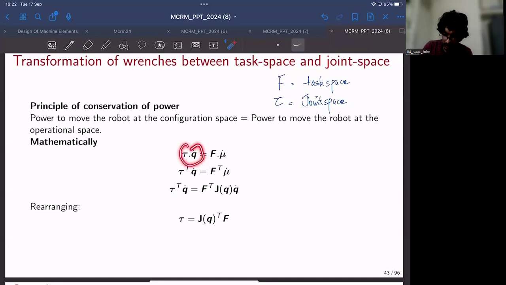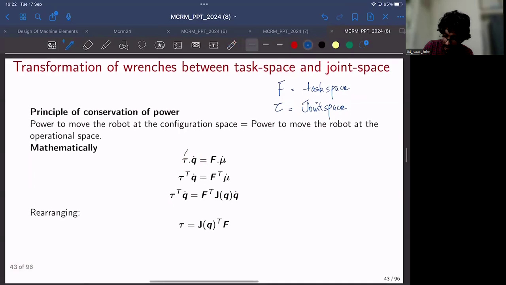So this is expressed in joint space, and this is in task space. And we also know how this q dot and mu dot are related using this Jacobian equation, right? Mu dot is J of q multiplied by q dot.